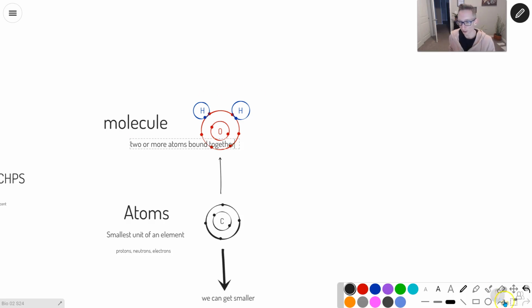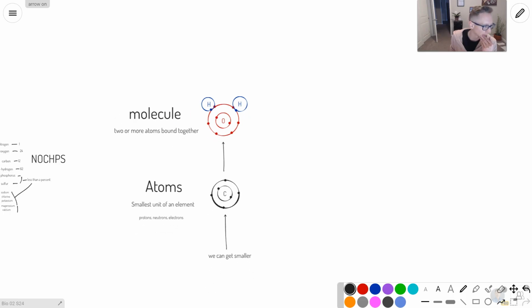And they're bound together by sharing electrons in this case. And we'll talk about all that in the future. All right. This is also irritating me that that's too thick. I don't want that too thick. So we can get smaller in that direction.